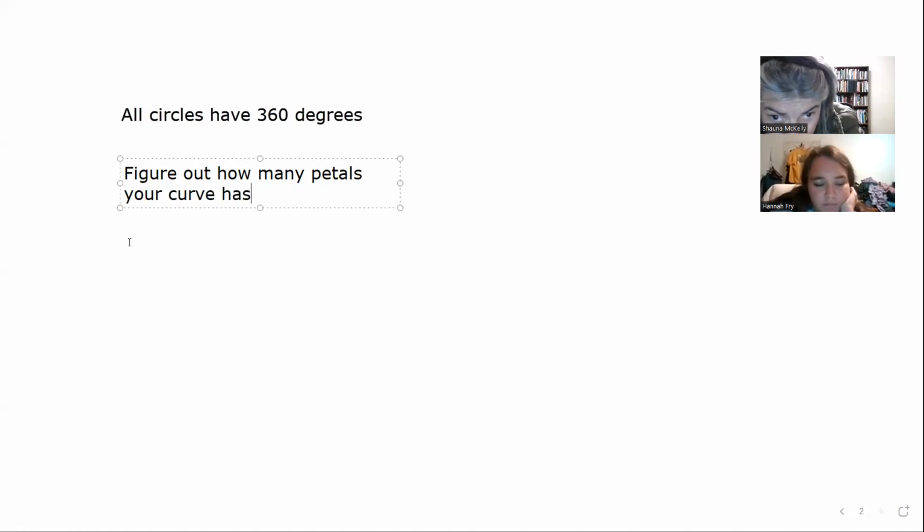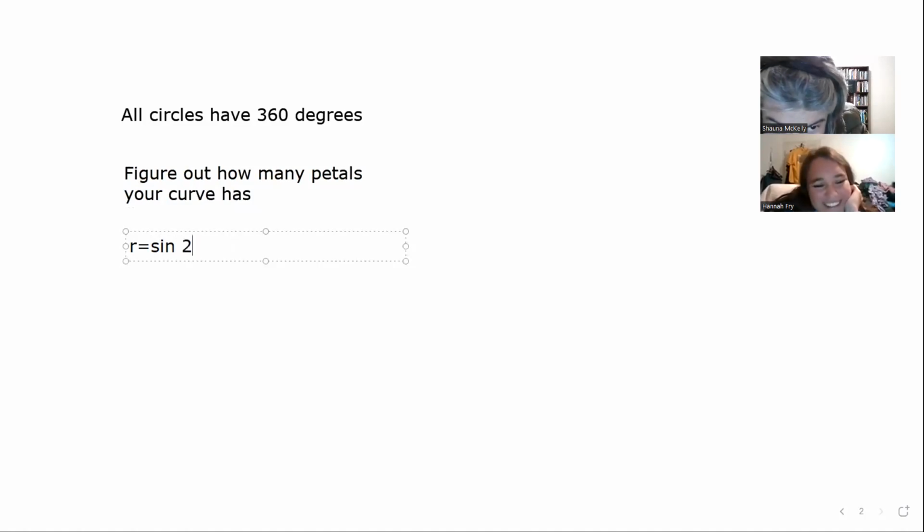So if I have something like r is equal to the sine, I'm not even going to worry about a right now. This is the sine of 2 theta.